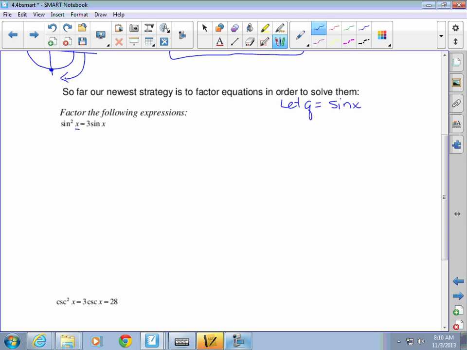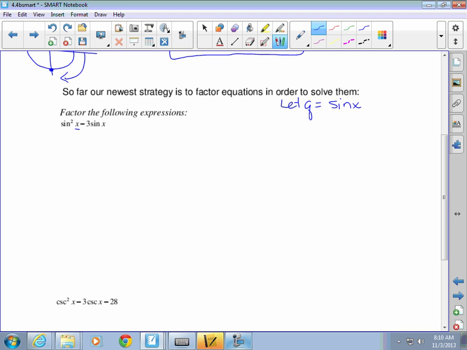And I just chose q. You could use a, b, you could use c, whatever you want. I'm just using a variable that's not an x, y, or r, because that's what we use in the unit circle, and it's not an s, c, or t, because those could stand for sine, cos, tangent, or cosecant, secant, and cotangent. So I just took a variable that has nothing to do with anything.